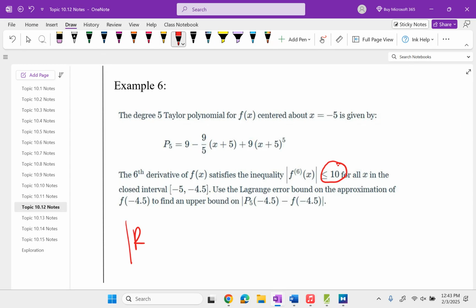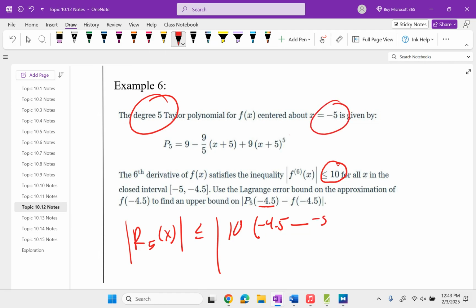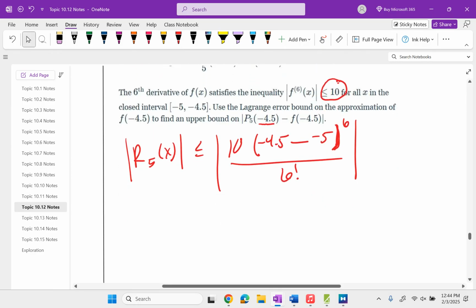Degree 5, so R sub 5 is less than or equal to my max value, 10. What are they actually wanting us to evaluate at, which number? -4.5, minus, what was my center? -5, so it was an actual Taylor this time. And then to the, what number? 6, over 6 factorial.